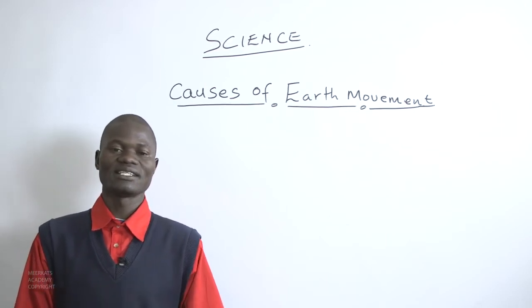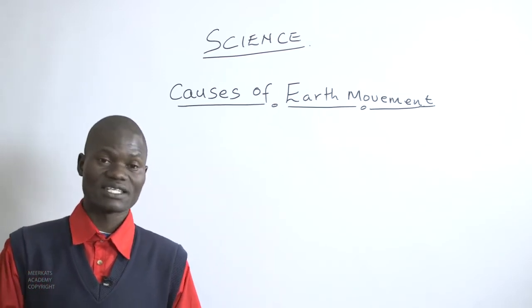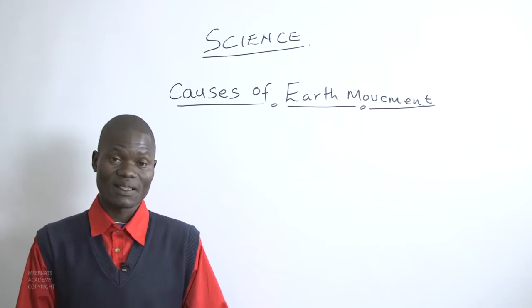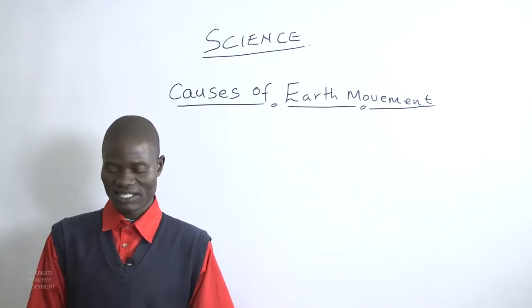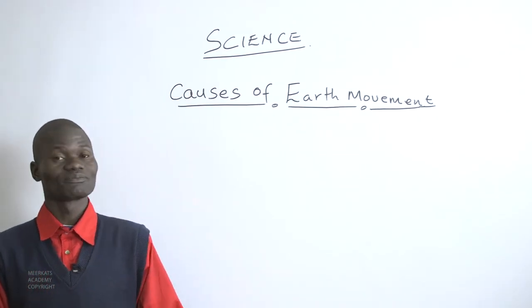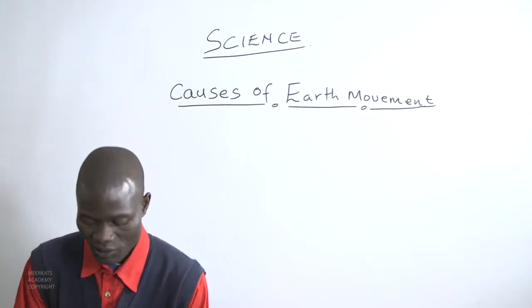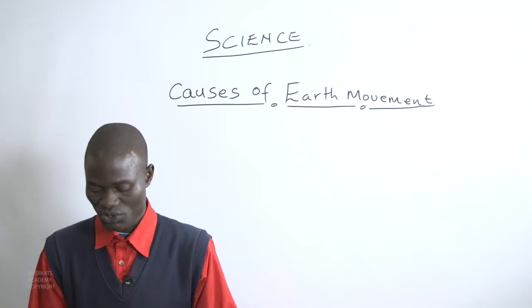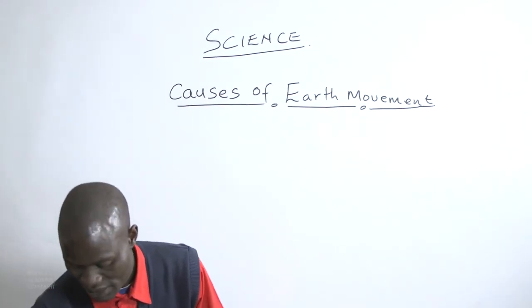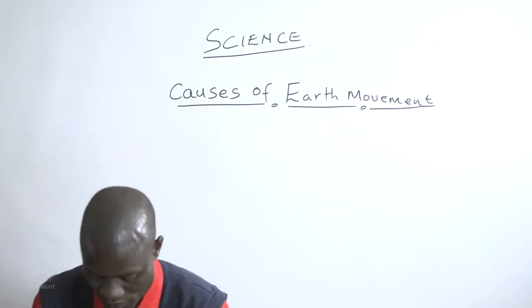In the previous lesson, we mentioned the various movements of the earth: the horizontal movement and the vertical movement. Here, we want to see how these movements are caused. That is what we shall be discussing today in our lesson.